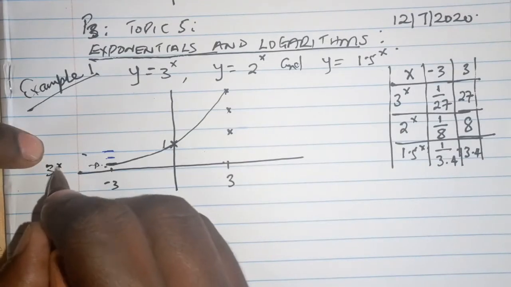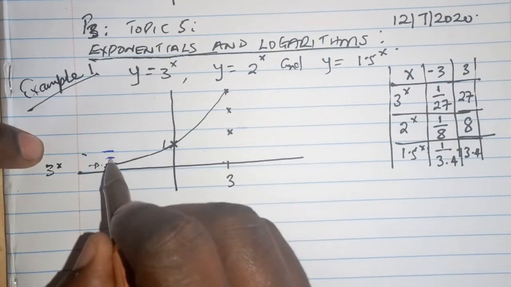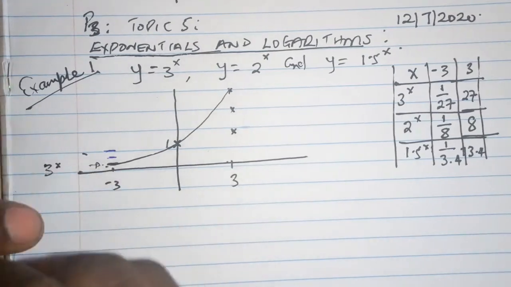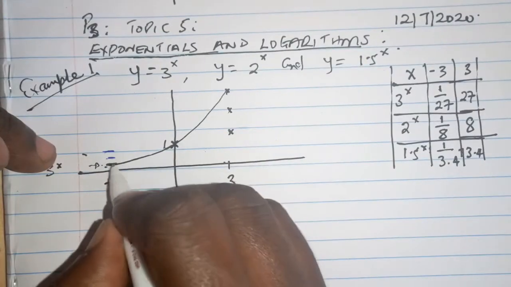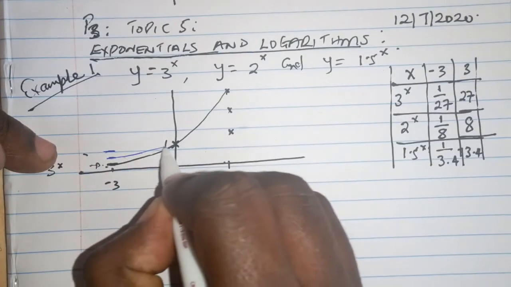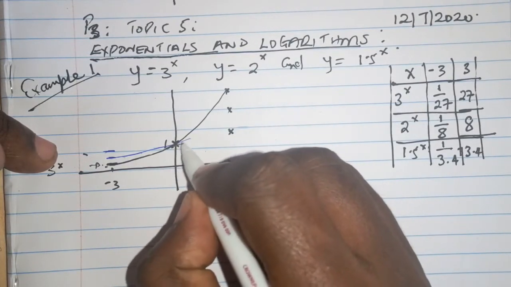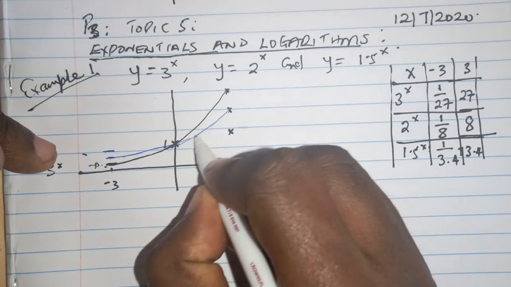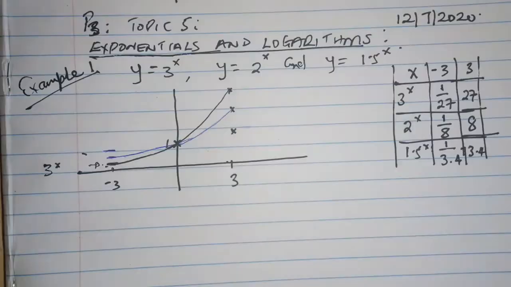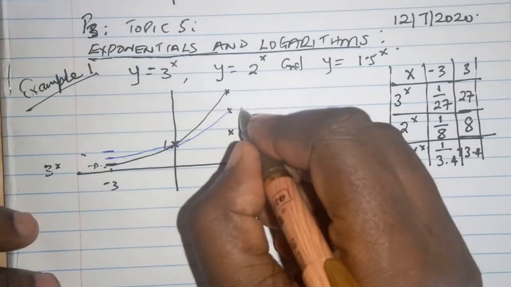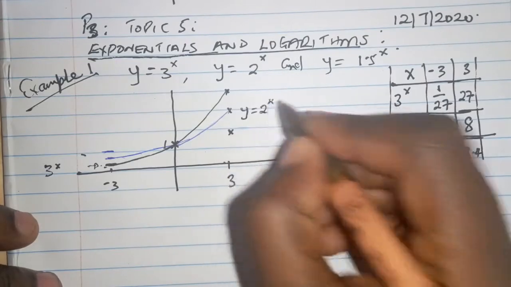What about the second one? It's still passing through (0, 1), and now when it has crossed over to the positive values of x, it becomes smaller than that other one. So this one is the graph of y equals 2 raised to power x.